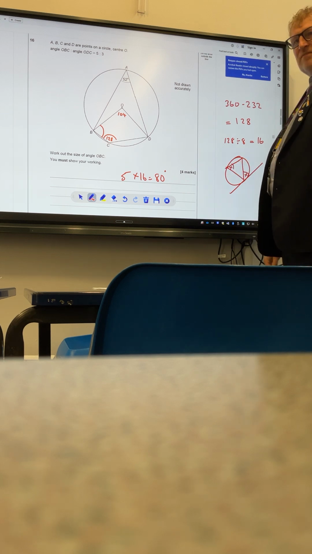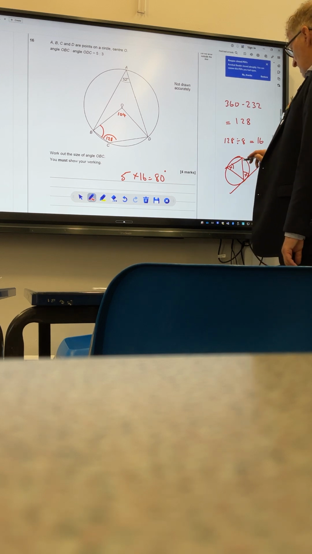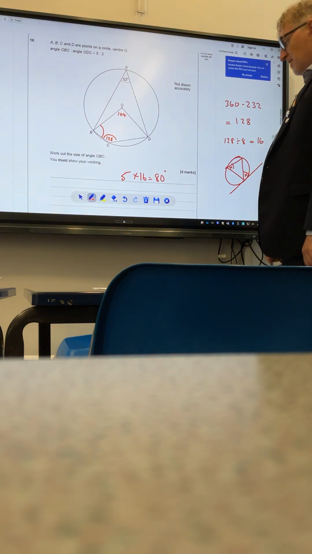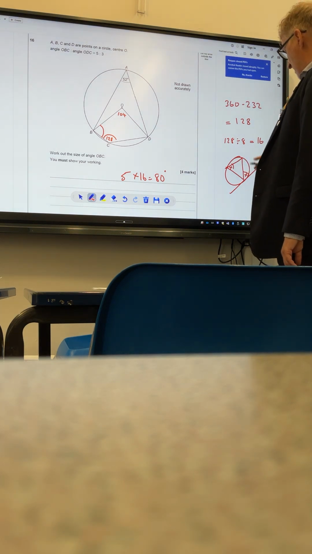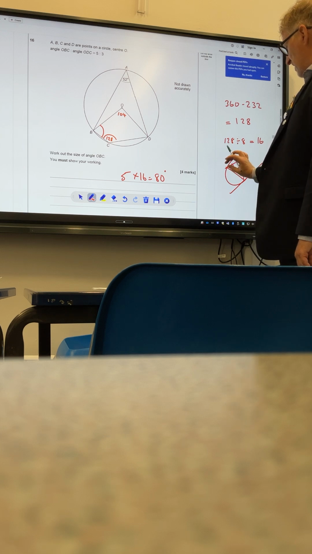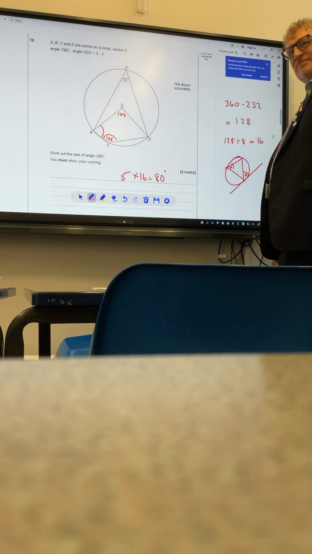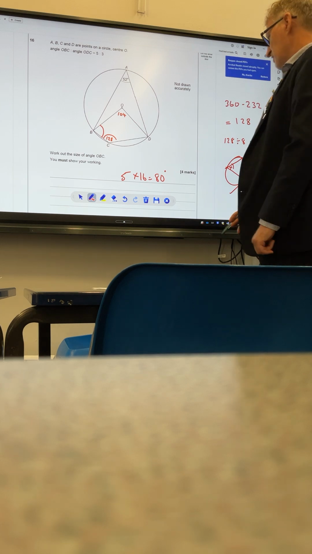That's your alternate segment. So, a tangent, any chord that hits that tangent, not at right angles or anything like that, doesn't have to be a diameter. That angle you get there is the same as the chord going to any other point on the circle. Oh, so you get the end of the chord and you... Yeah. Oh, okay, that's good. Thanks.